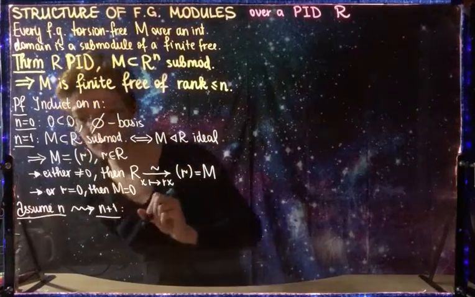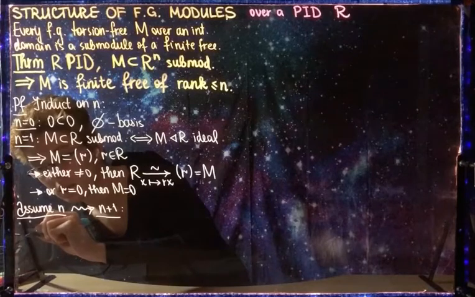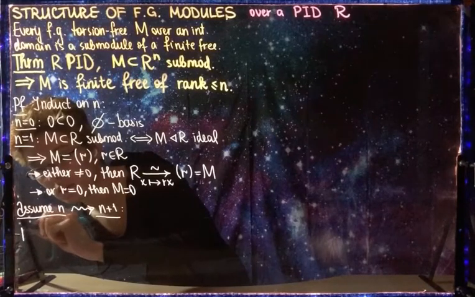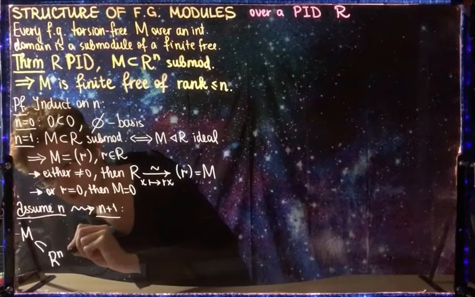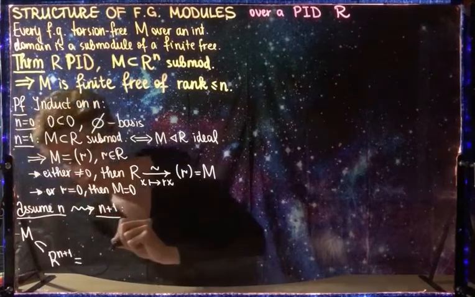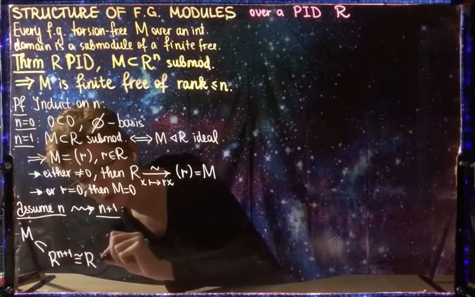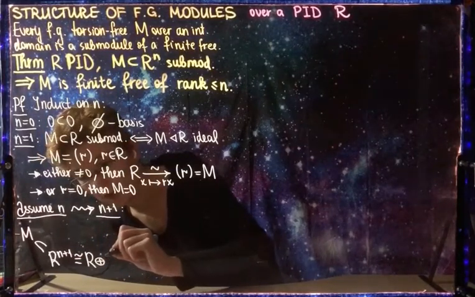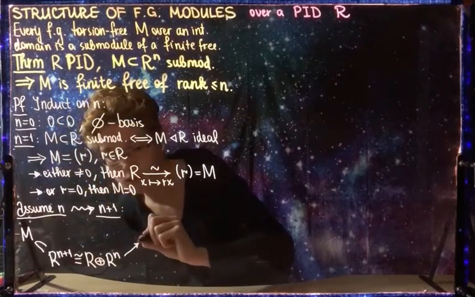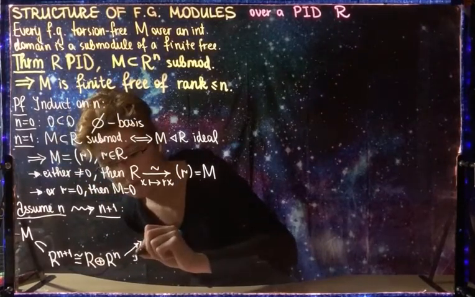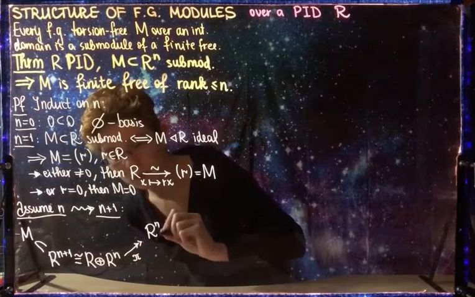For this, I view M inside R^(n+1), and I say that R^(n+1) is isomorphic naturally to R plus R^n, and then I consider the projection pi onto the second factor, R^n.